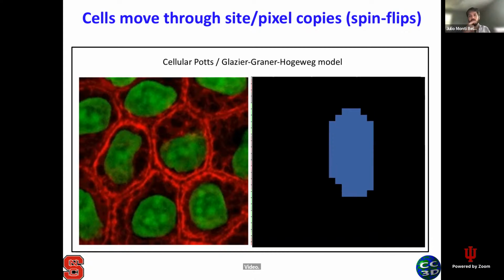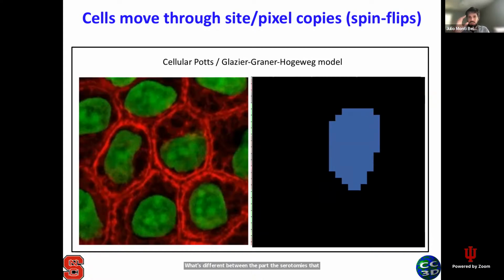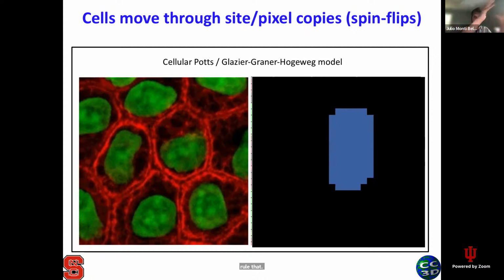So what's different here is that you're not only moving a pixel, you can actually make transient expansions and contractions of your cell, so you can deviate from the current volume, and you do that based on some kind of local rule that decides where the cell should grow, where it should shrink, where it should move to, right?